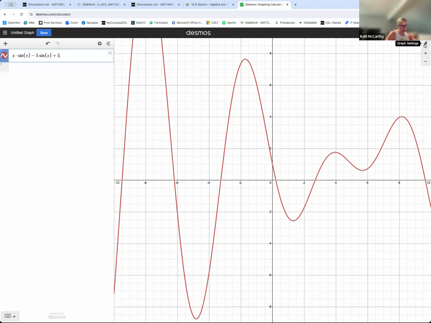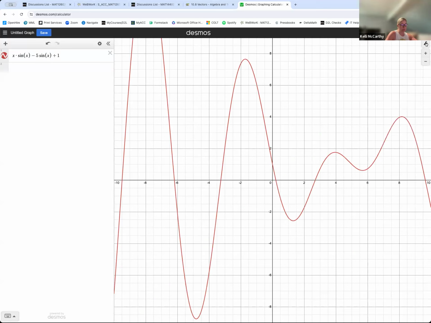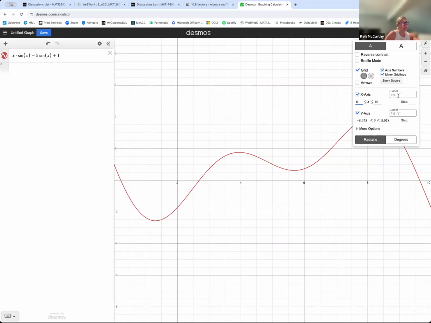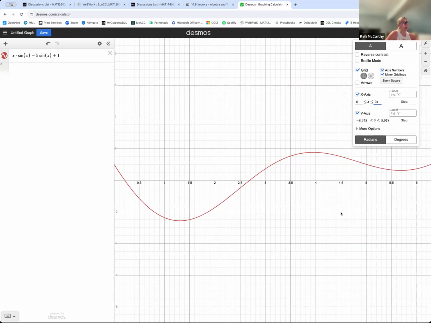My interval was from 0 to 2 pi, so that implies we want radians. So I just want to make sure that I've got radians set up here. And we only want from 0 to 2 pi, so I can actually further set this up. So my x-axis can be 0 to 2 pi. And that's going to highlight the values that I actually want to look at.